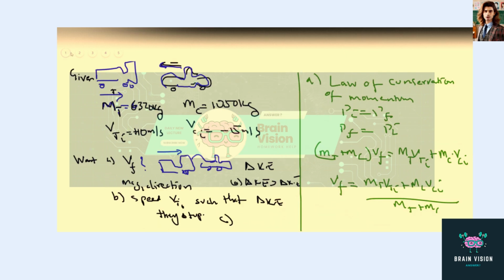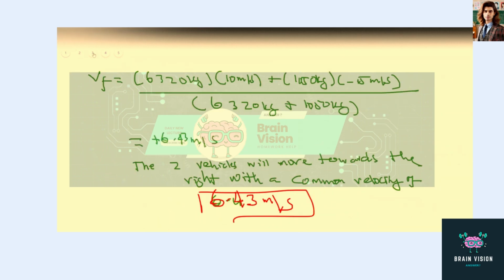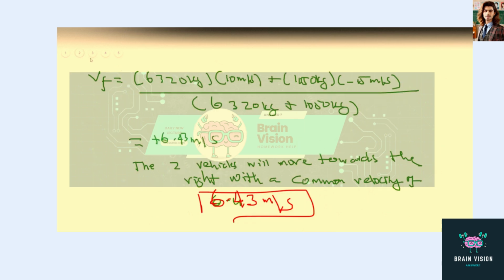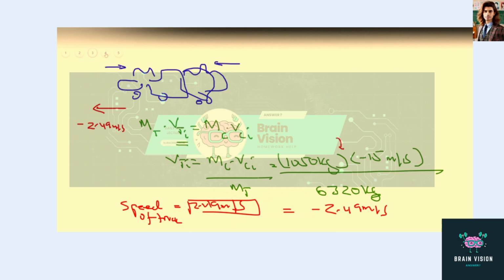Okay. Hope you enjoyed the problem. A couple of steps going on. The first part, we're finding the final velocity when they stick together, 6.43 meters per second. The second part, we're finding the ideal speed of the truck for them to stop, 2.49 meters per second.